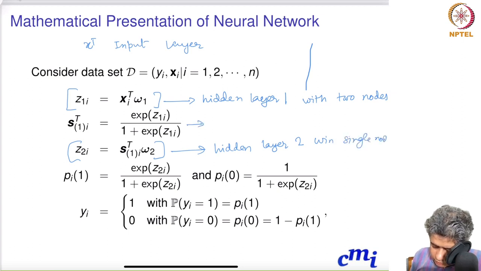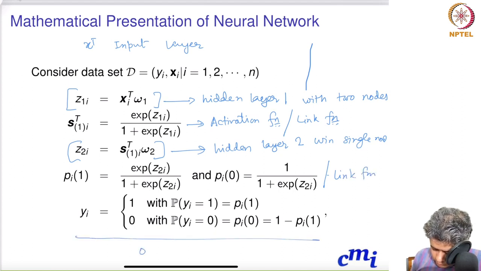This is the activation function, or known as link function in statistics. So this is the link function, and this is the output layer.